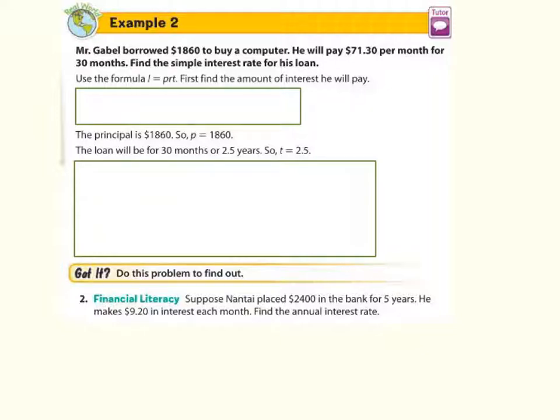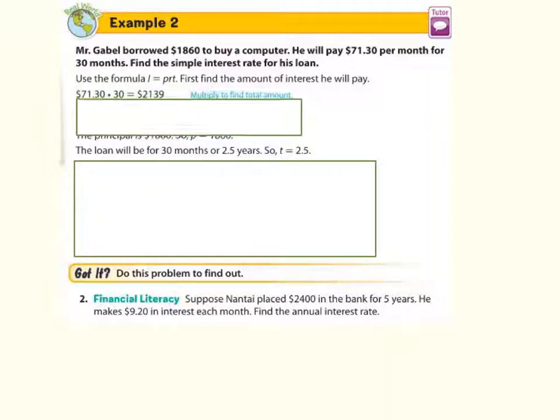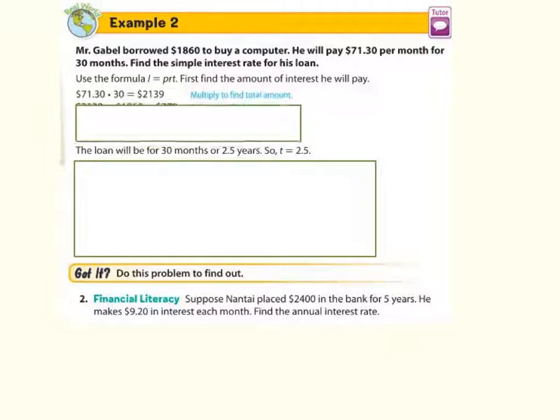So what we're going to do is multiply $71.30 times 30 months to figure out how much he is going to pay. That gives you $2,139. Well, that's not what he's borrowing. So what you have to do now is find the difference between the two in order to find the interest.